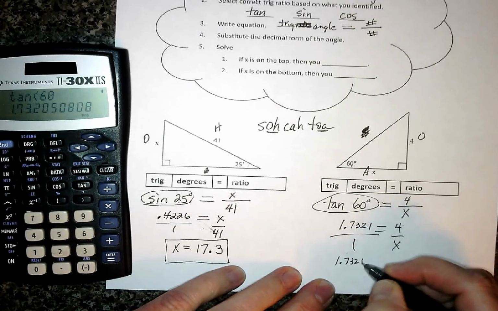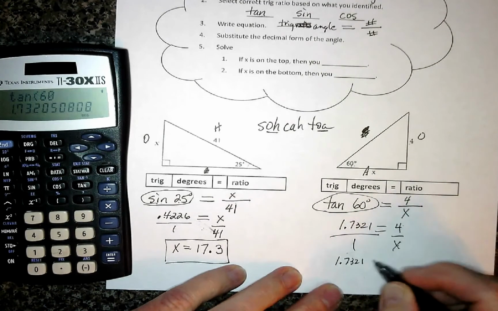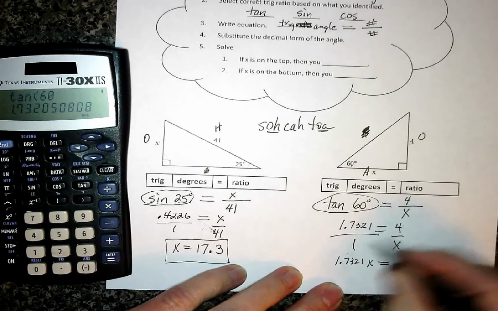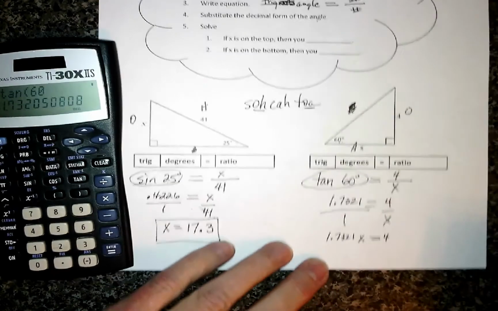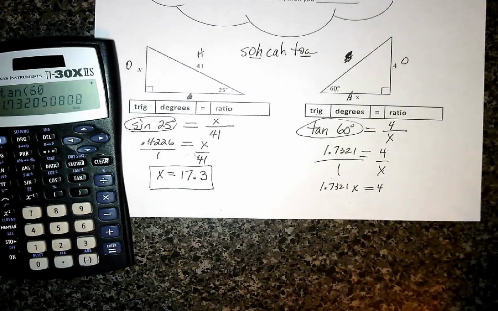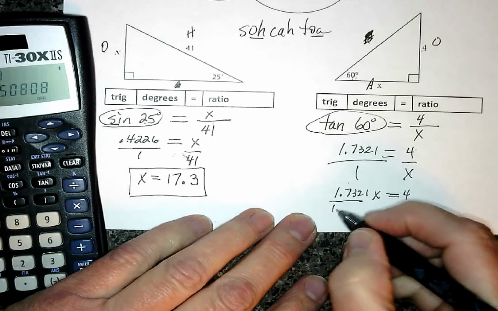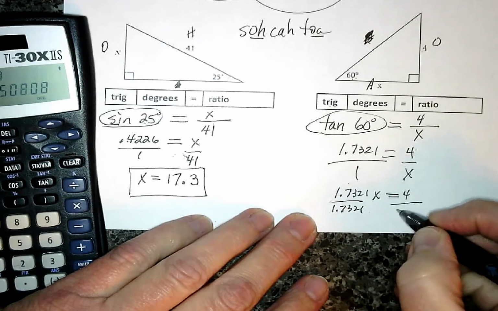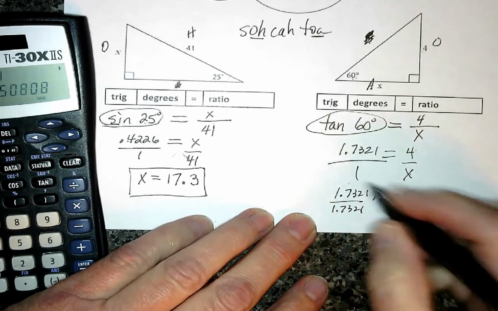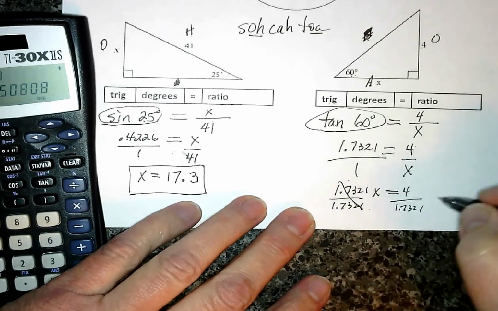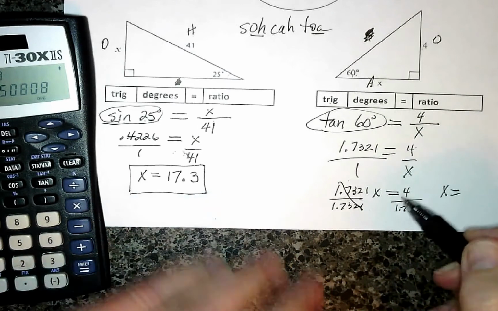So this decimal times x is going to equal 1 times 4. Now to get x by itself, I have to basically divide. Okay, so I'm going to divide by 1.7321. Those will cancel out. So x is going to equal whatever 4 divided by that decimal is.